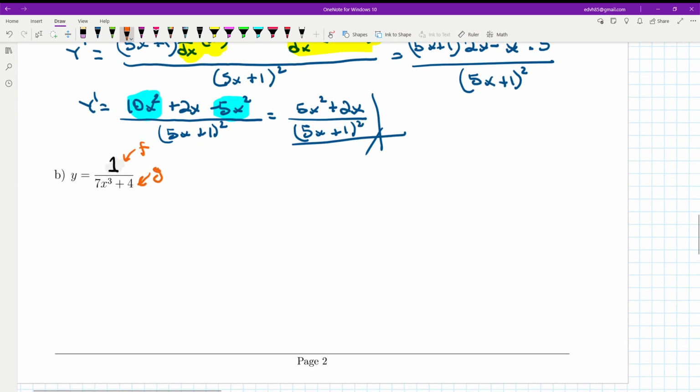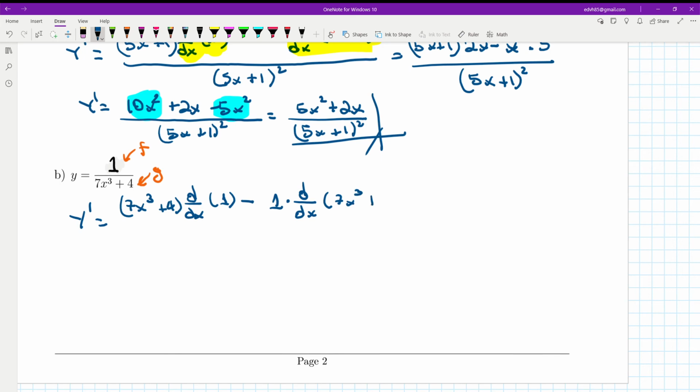So in this case, we're going to do the following. That's going to be y prime equals the function in the denominator, 7x cubed plus 4, times the derivative with respect to x of 1, that's the function in the numerator, minus 1, which is the function in the numerator, times the derivative of the function in the denominator, 7x cubed plus 4.